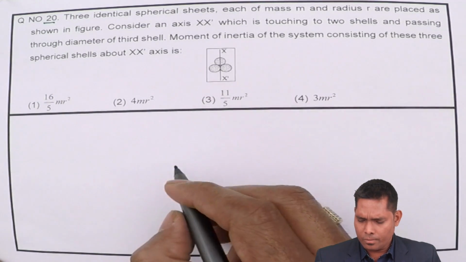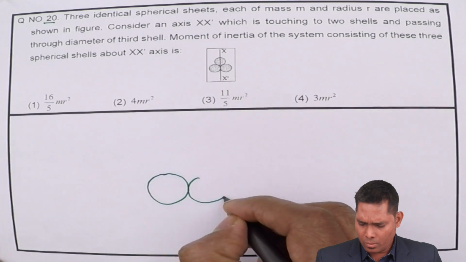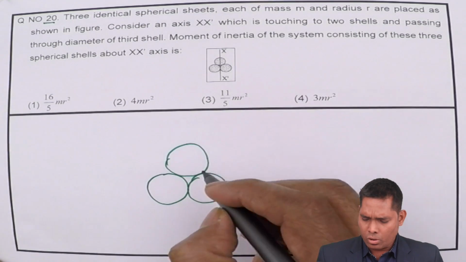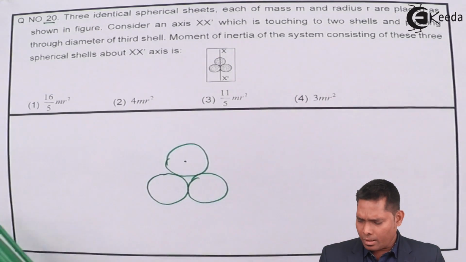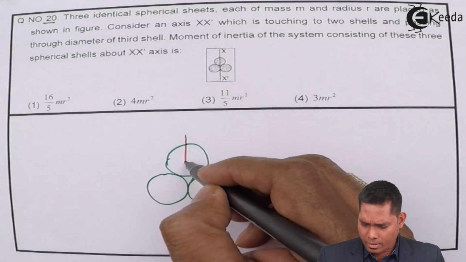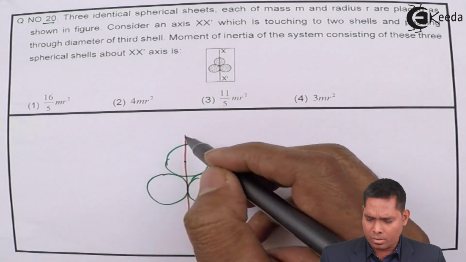So these are 1, 2 and 3. Three hollow spheres are there, and the axis passes like that, touching these two spheres and passing through the diameter of the third sphere.